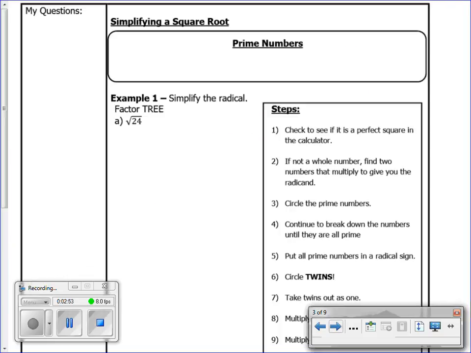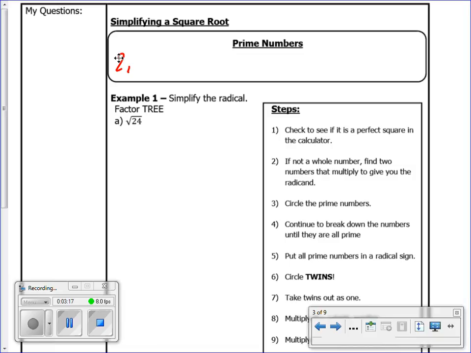In order to simplify a square root, we must be able to know what prime numbers are. Prime numbers are numbers whose only factors are 1 and itself. We're starting off with 2. I can't think of any other numbers besides 1 and 2 that multiply together to give me 2.